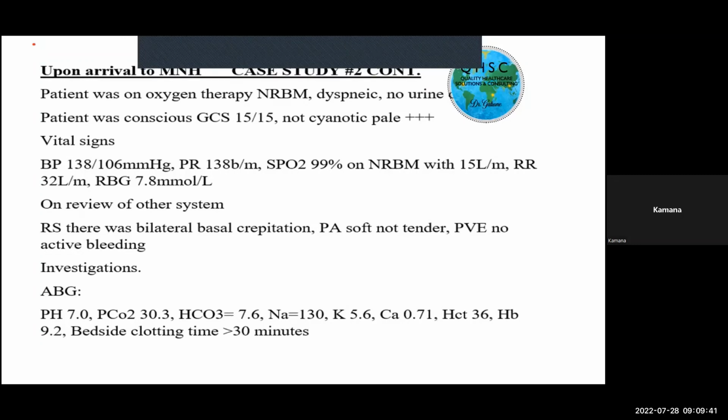As you can see here, the ABG results are out, but other investigations are not out at the arrival of the patient. But ABG results can be done in even less than 30 minutes because the ABG machine is on the next floor up.